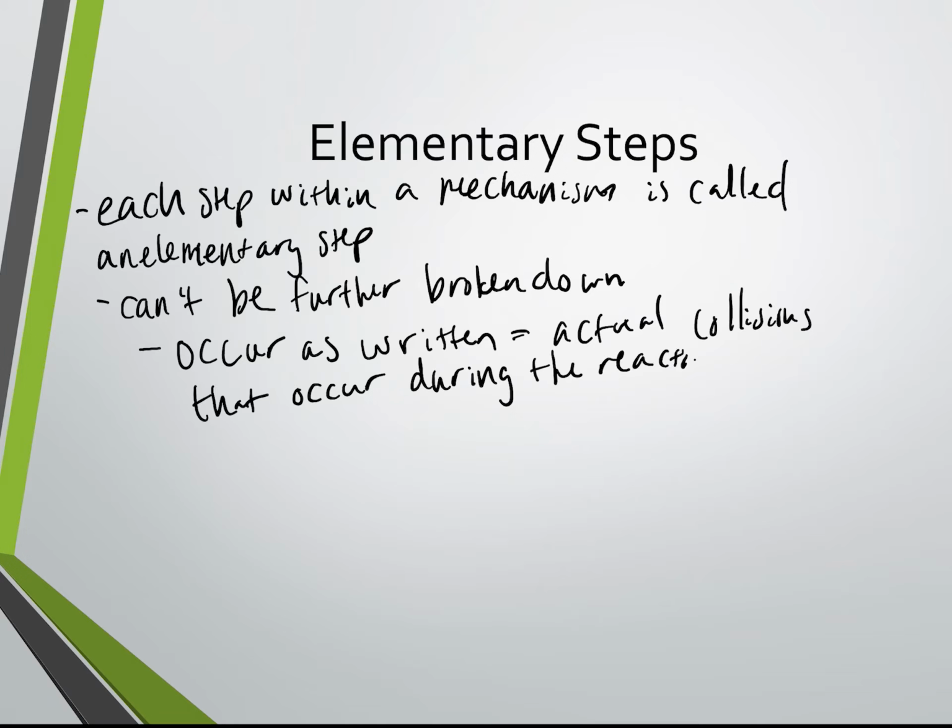Again, this is theoretical, but using this chemical knowledge we have, we can say, okay, we think that this elementary step is these two molecules colliding and reacting to produce this. Now, there are 2 or more elementary steps in a reaction mechanism, and those elementary steps are going to sum up to give us what is our overall reaction, what we generally see.